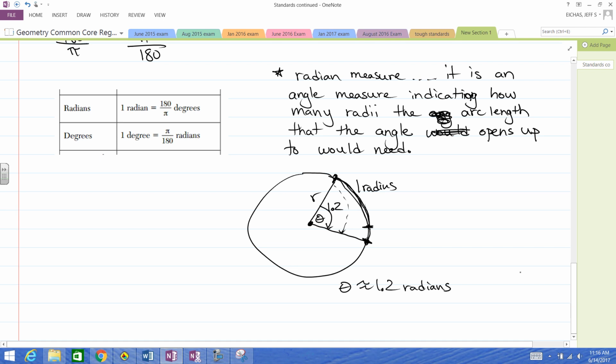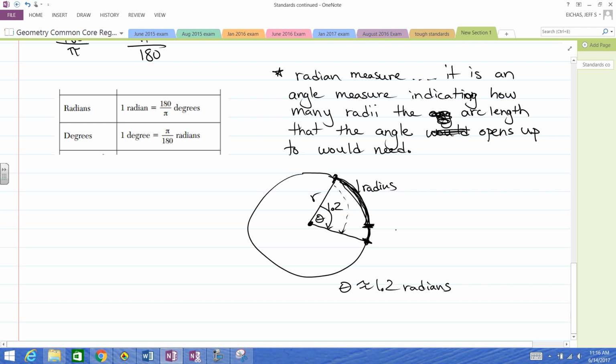What is a radian? A radian is how many radii we would need to cover the arc length that the angle opens up to. It's one full radius to get to about here, then we need a little bit more. Now, we're just not familiar with this way of measuring angles.